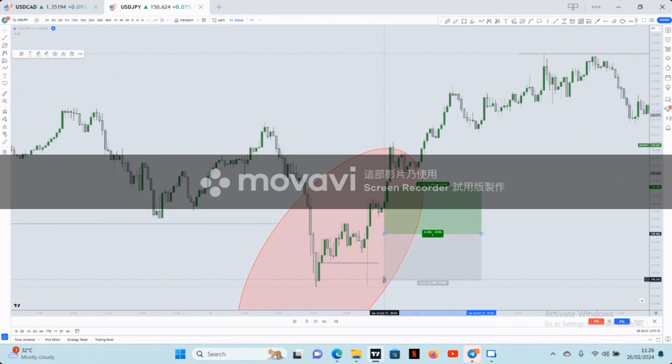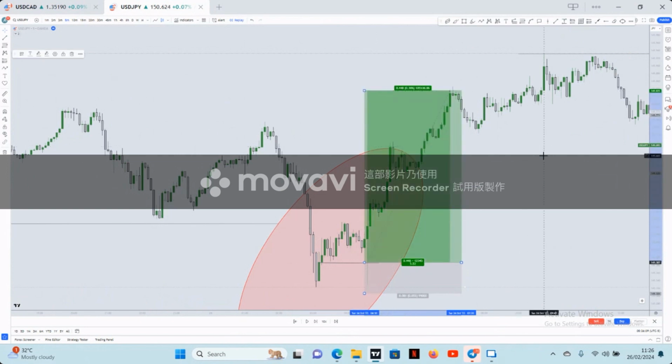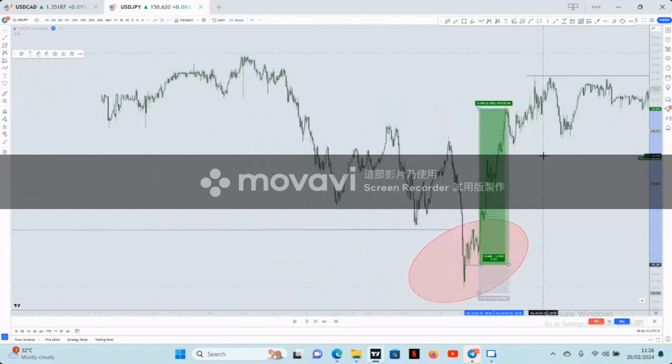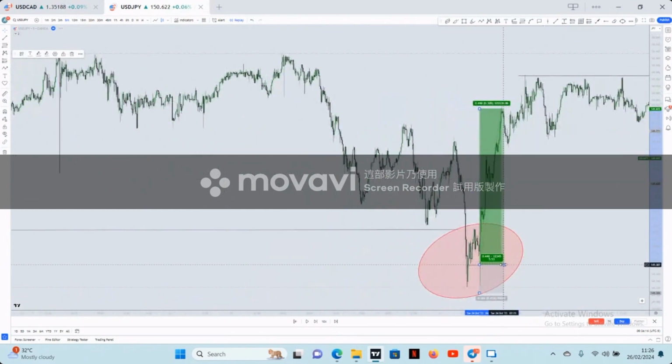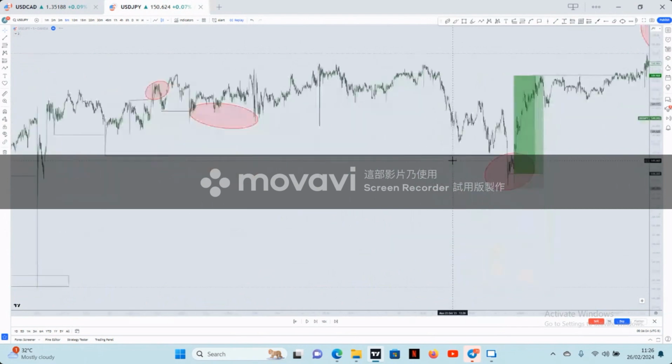So I will reduce my stop loss to like 8 pips. Then we go for this 1 to 5, stuff like that. And price did actually still continue going higher, higher, higher to this one, 1 to 6.